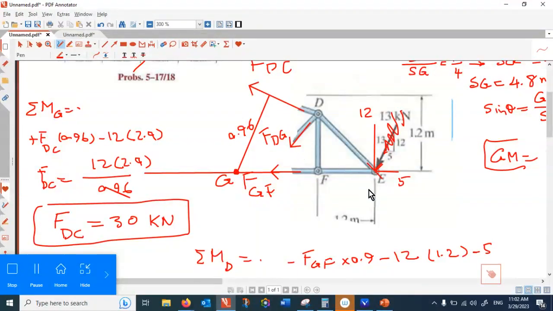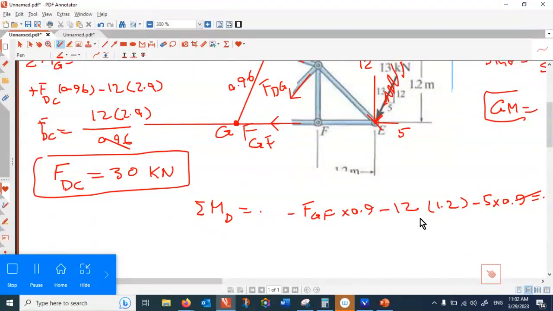Sorry, this is 1.2, this is 0.9. 12 times 1.2, that is minus 18. And 5 times 0.9, that is minus 4.5.